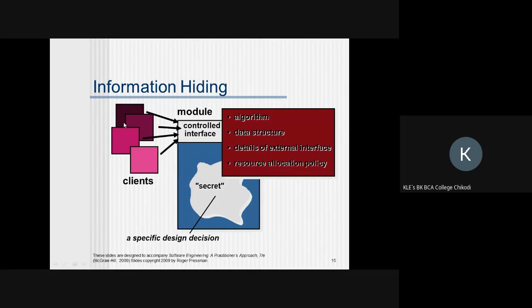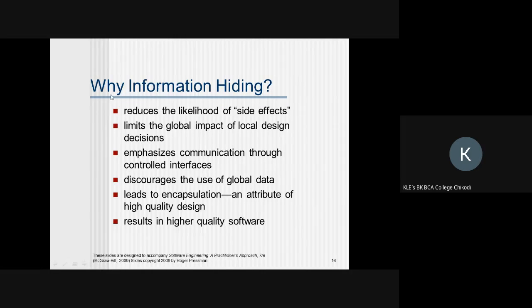Information hiding. I already told you, we have already discussed information hiding. Why is information hiding required? To reduce the likelihood of side effects. With respect to an ATM machine, you can think about it: only the required functionalities for the end users are provided. Then it limits the global impact of local design decisions.